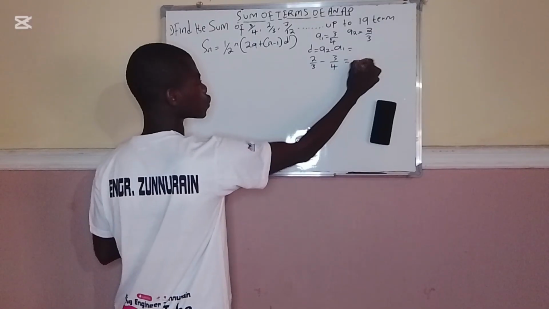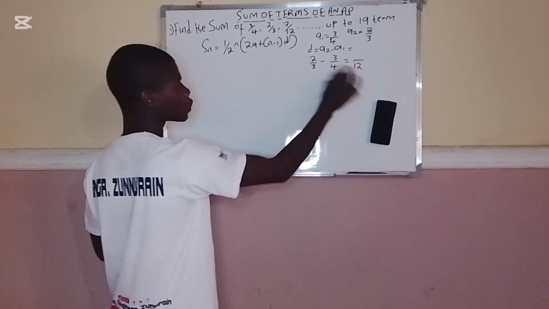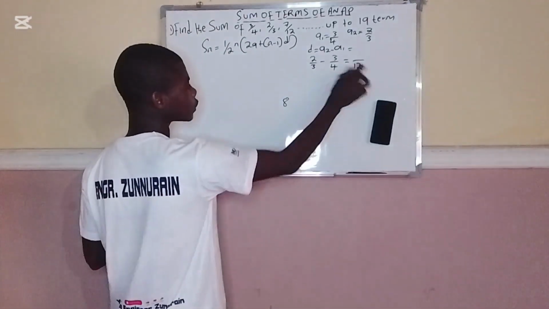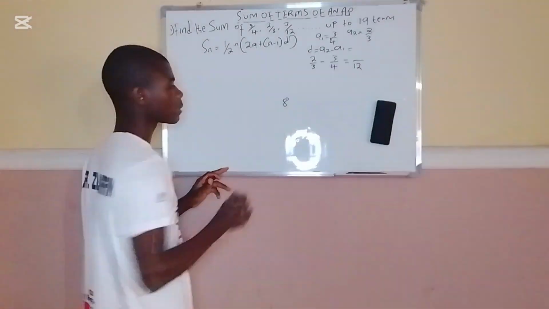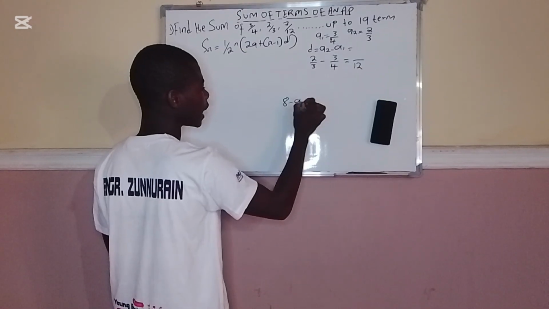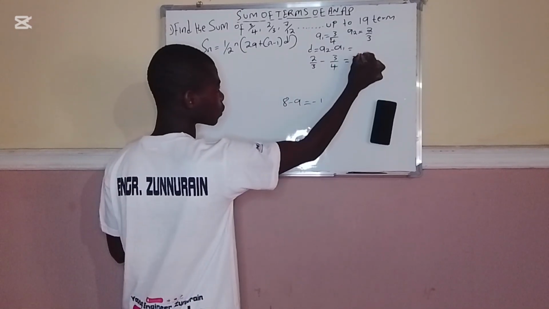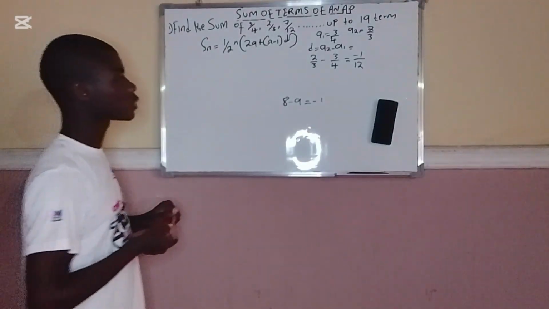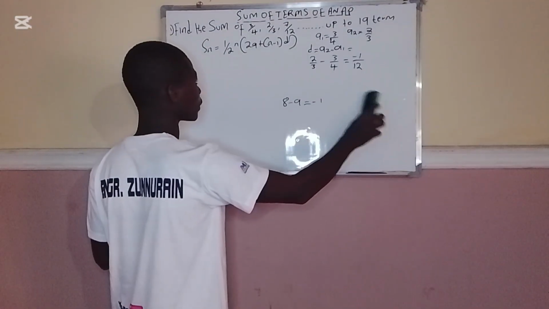The LCM is 12: 12 divided by 3 is 4, 4 times 2 is 8, and 12 divided by 4 is 3, 3 times 3 is 9. So 8 minus 9 equals minus 1/12. This is the common difference.